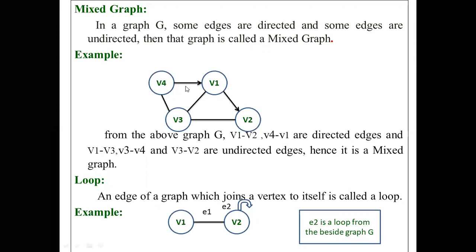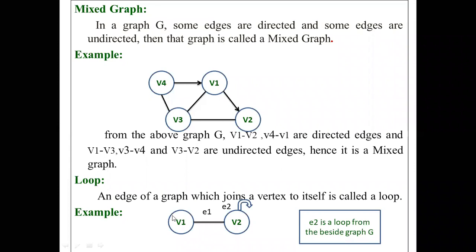In this example, the edges V1 to V2 and V4 to V1 are directed, and the edges V2 to V3, V3 to V1 and V3 to V4 are undirected. Hence it is a mixed graph.